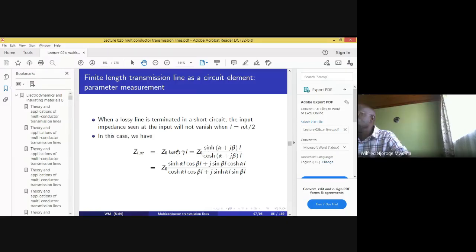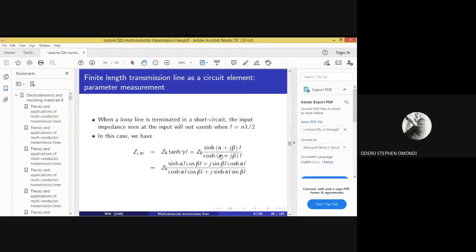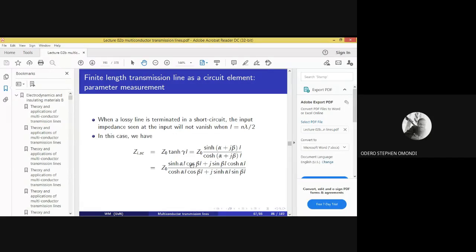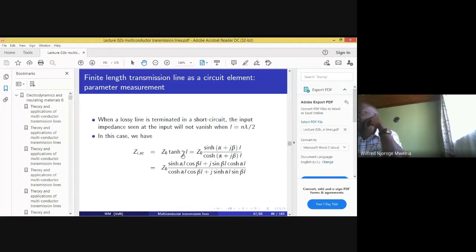But here I've just changed tangent in terms of the sine and the cosine. Okay, I understand. Usually it's more difficult to deal with the tangent, because if I replace it with alpha plus whatever, I'll have hyperbolic tan alpha L multiplied by J tan beta L, and then divide that by 1 plus, isn't it? Yes, that's what happens. So it's much easier for me to use the sines because I can do that immediately.